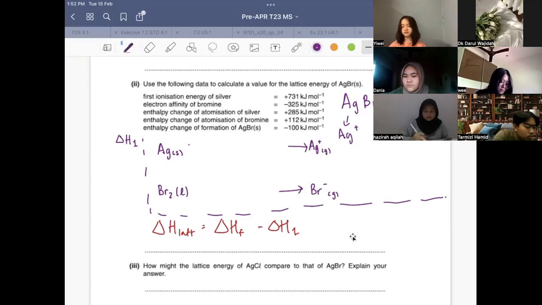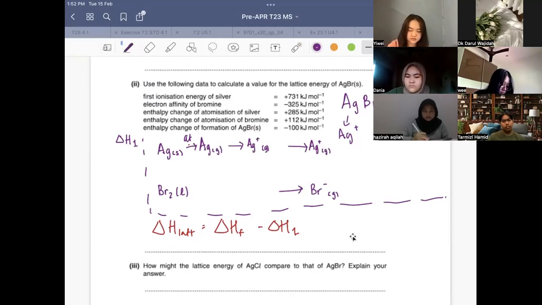Okay, so let's start with silver first. First, you have to convert the solid into a gas. So that's atomization of silver. And then you want to convert your silver atom to Ag+ gas, and that's your first ionization energy of silver.